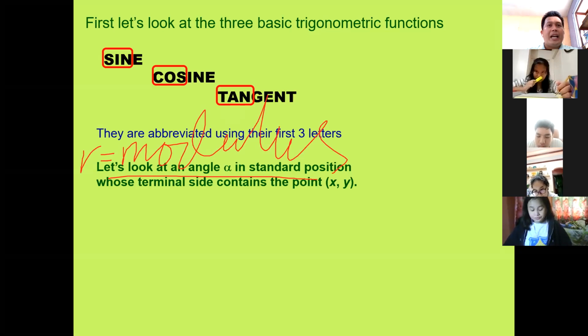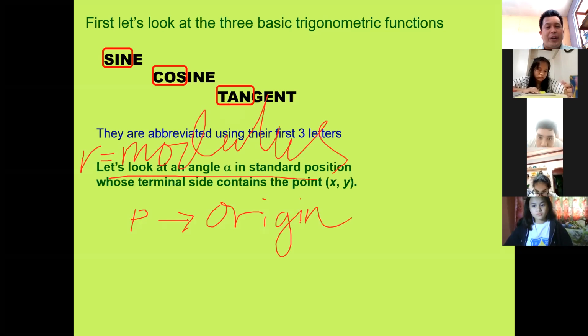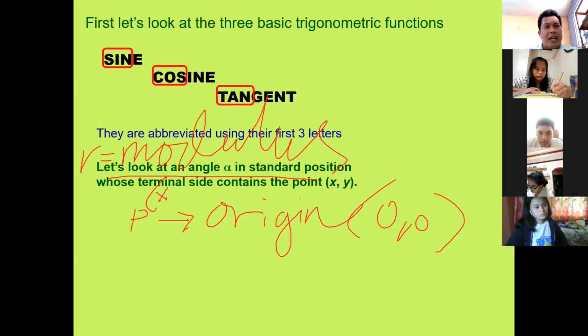Modulus means the distance of that said point to the origin, with the origin having the coordinates 0, 0, and the point having the coordinates x and y.